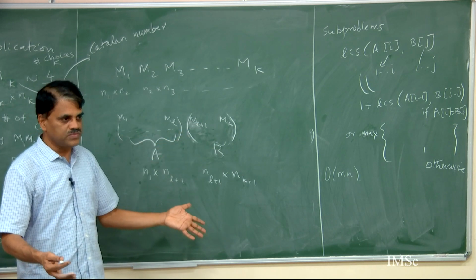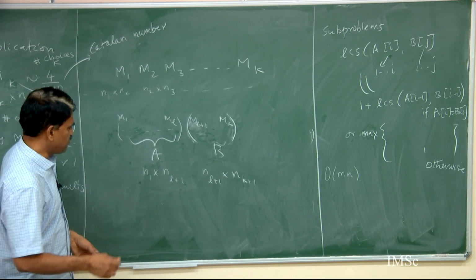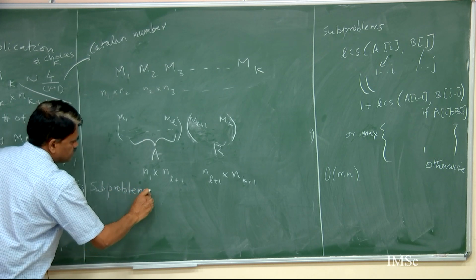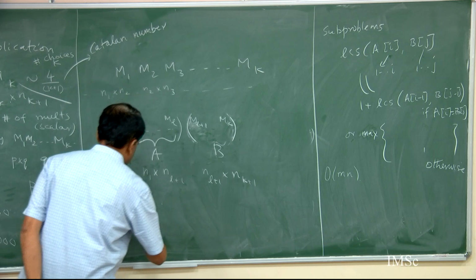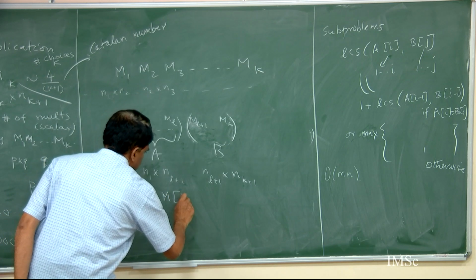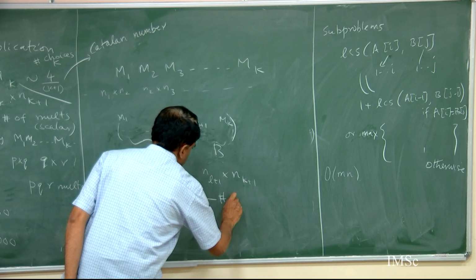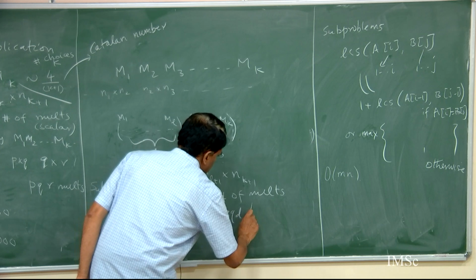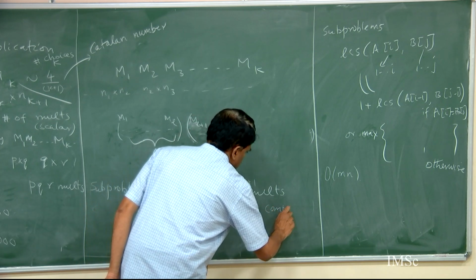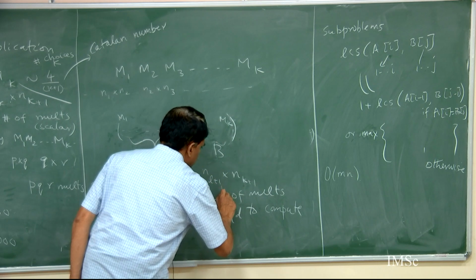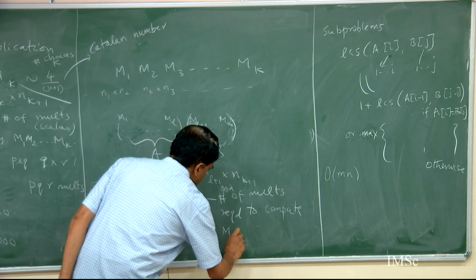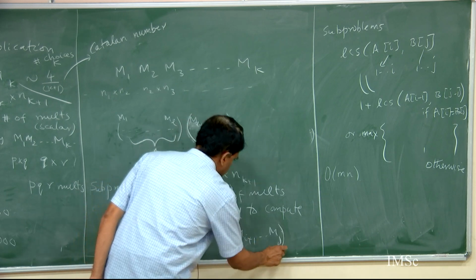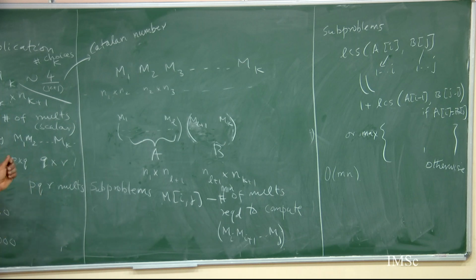So, what are my subproblems? The subproblems would be some i to j: the minimum number of multiplications required to compute M(i+1) to Mj for some arbitrary intervals i and j.